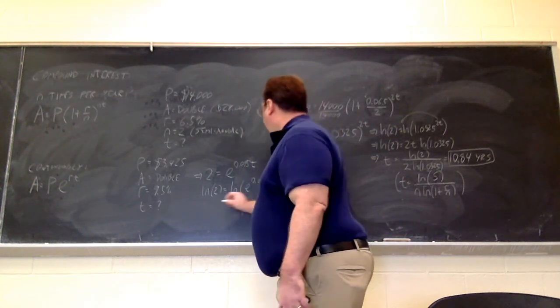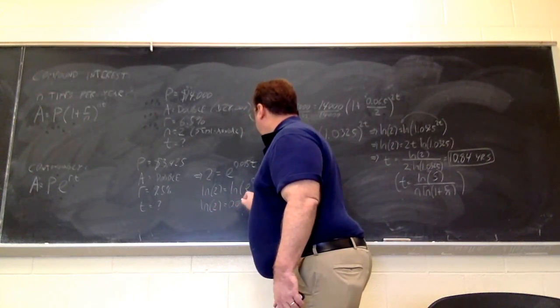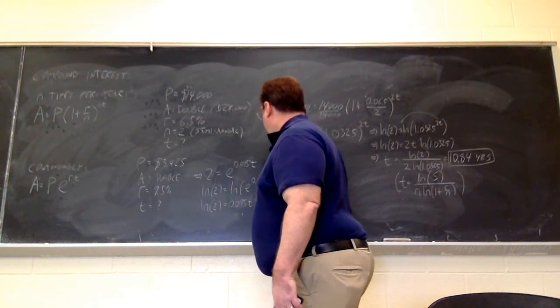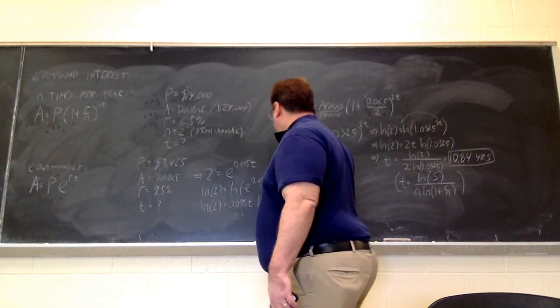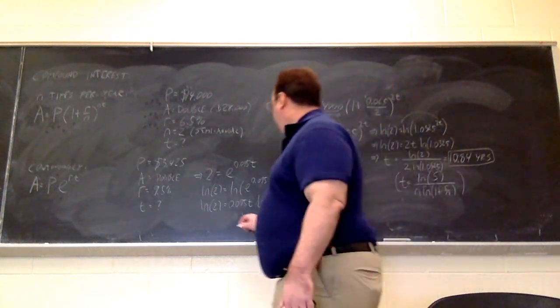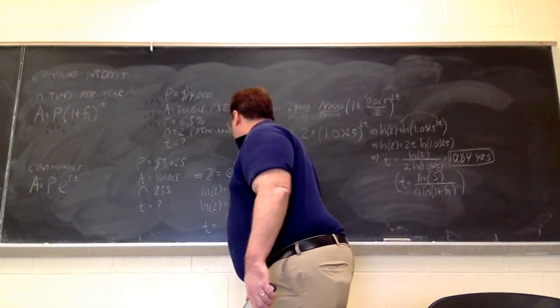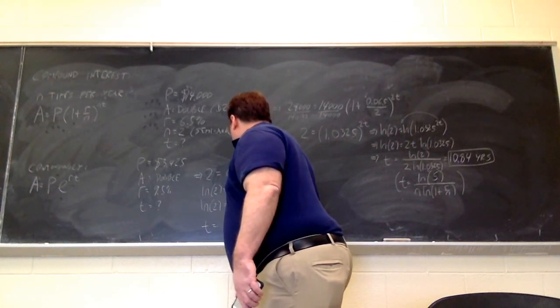The exponent I can pull down. It's 0.095t times the natural log of e. But natural log of e is equal to 1, so I can forget about that. And now I can solve for t. t is equal to natural log of 2 over 0.095.